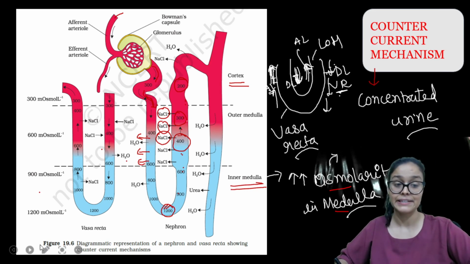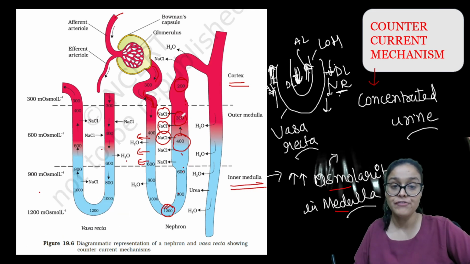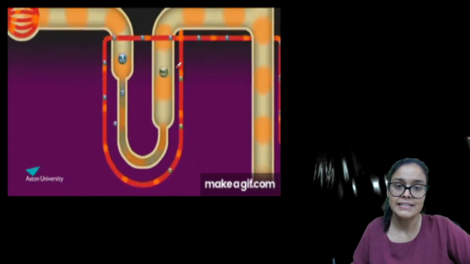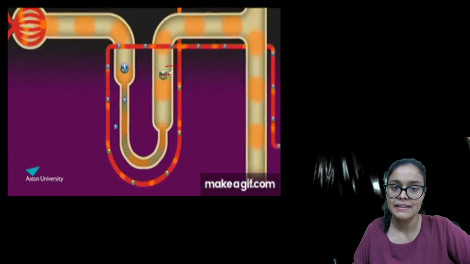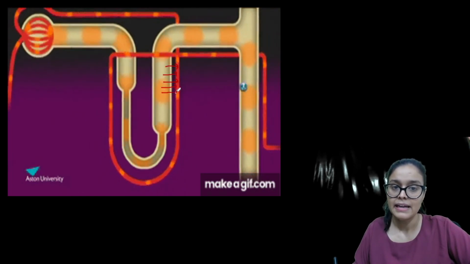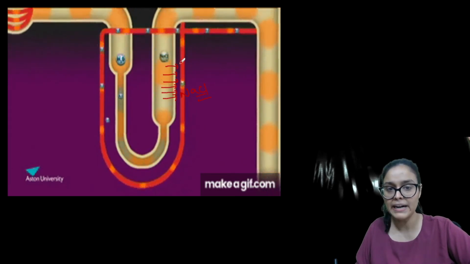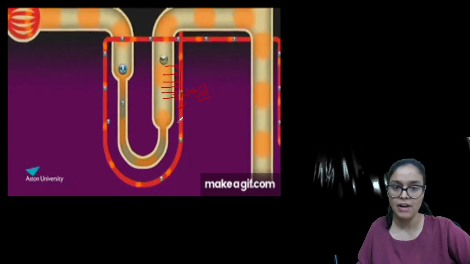How? Now see it. If we see the ascending limb, now see this flow chart. The ascending limb is releasing NaCl here, and this NaCl will be maintained by the blood that is coming down from the vasa recta.